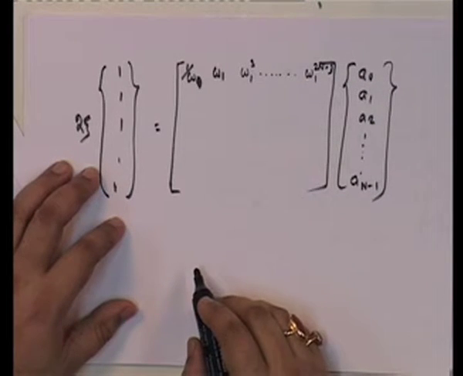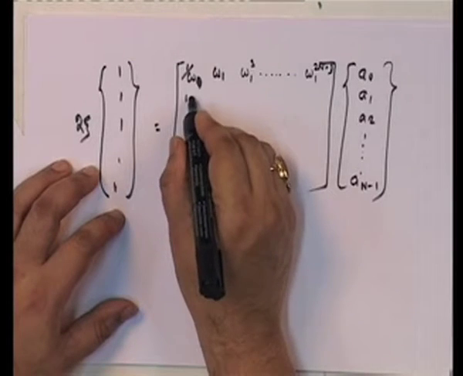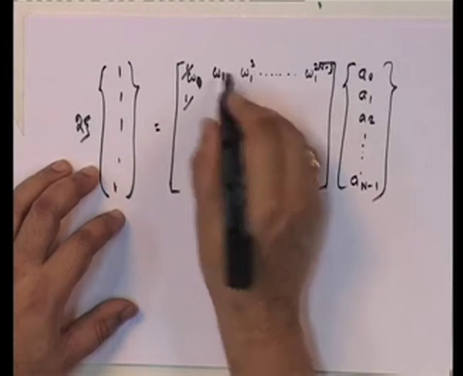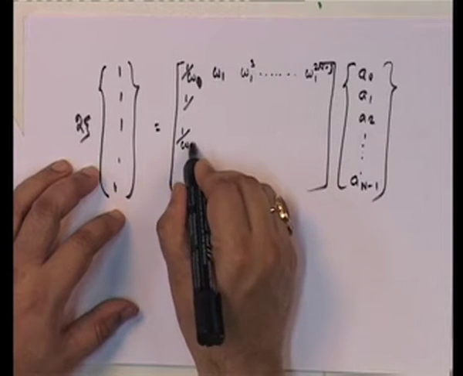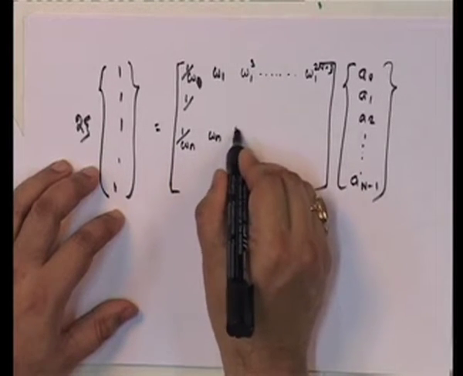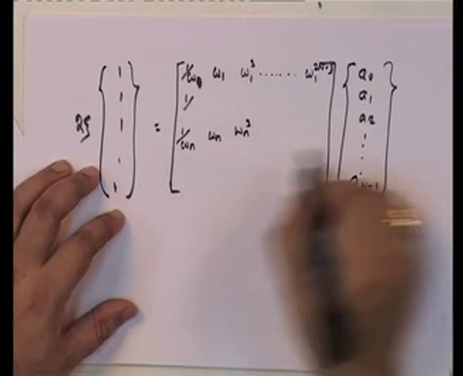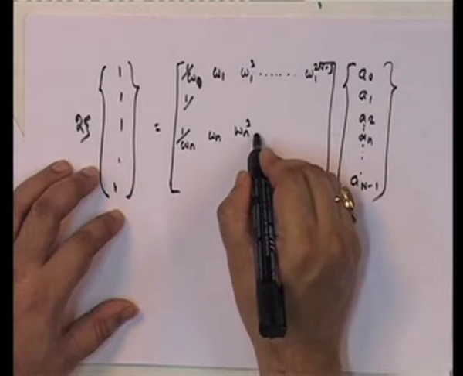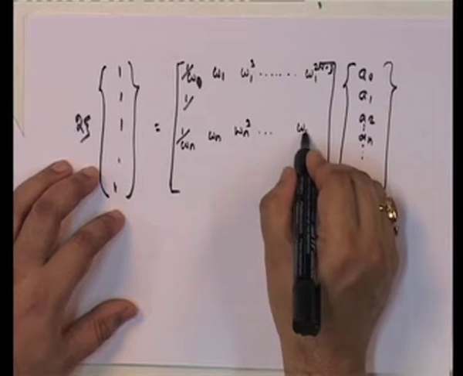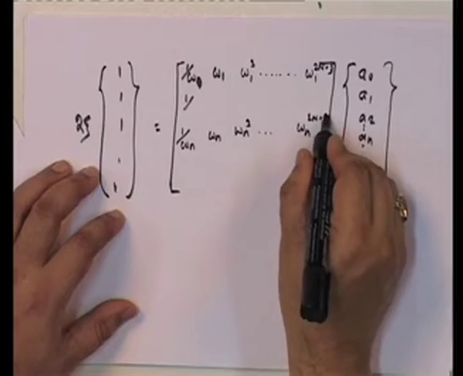Okay? So, similarly, I can put, and the same way, if I look at the omega nth term, it will be like this: omega n squared, and that my A n is going to be equal to omega n to n minus 1.